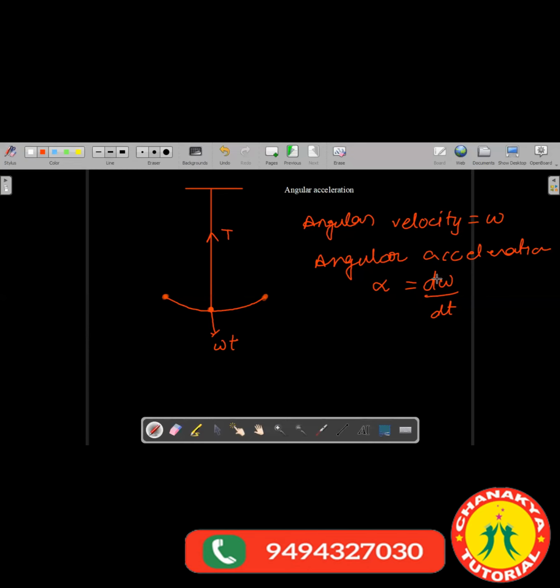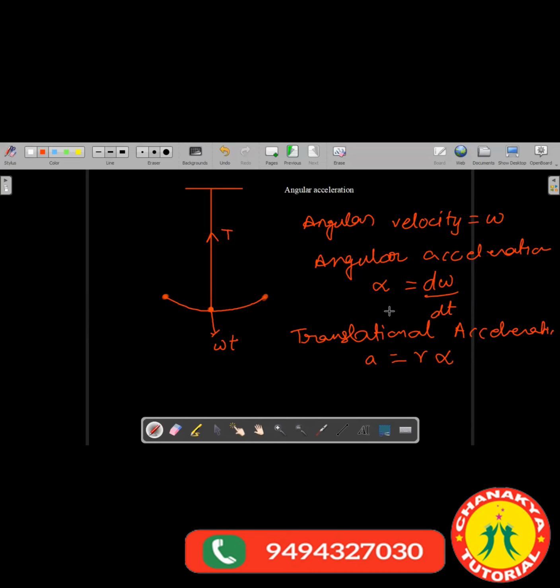If there is an angular acceleration, then due to angular acceleration there will be some linear acceleration also. The linear or translational acceleration will be given by a equal to R times alpha.